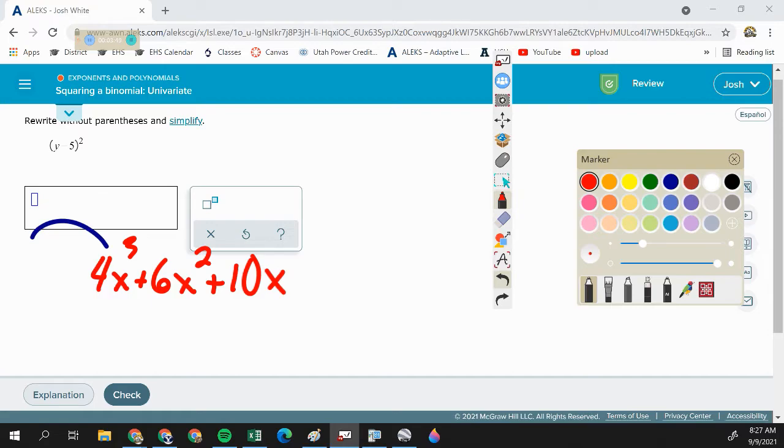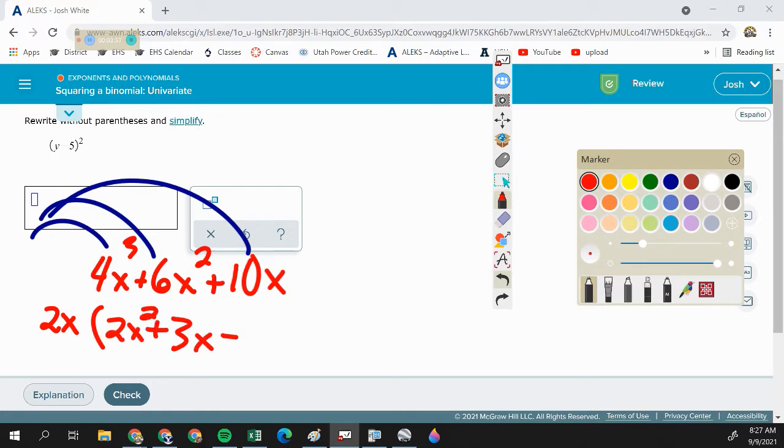So I'm going to yank out a 2 and an x, and that would leave me with 2x squared plus 3x plus 5. And then that may or may not factor. It probably doesn't because I just made it up. All right. Are you guys okay with factoring out something from a polynomial?